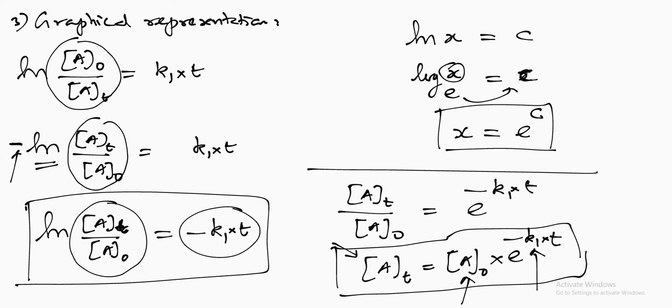Now what I'm going to do is plot this At versus t, which we already did for zero order reaction. In a similar manner I'm going to do it for first order. Let me write on the next page. Students, observe carefully. For first order reaction, concentration of the reactant at a time t is equal to concentration of the reactant at the beginning into e power minus K1 into t.